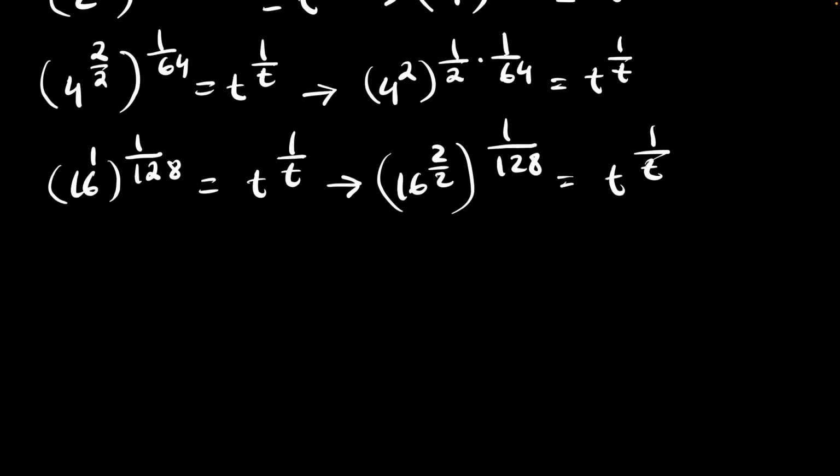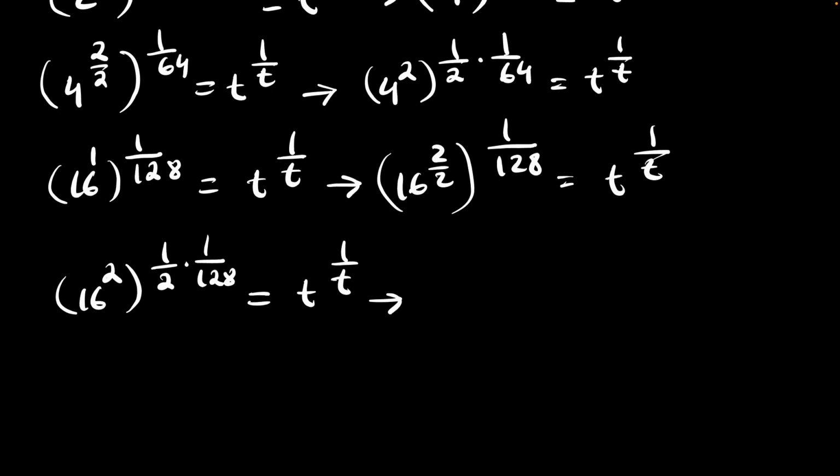I'm gonna keep the numerator 2 and I'm gonna multiply the denominator by 128. I'm gonna keep the numerator and multiply the denominator by 128, equal to t to the 1 over t.